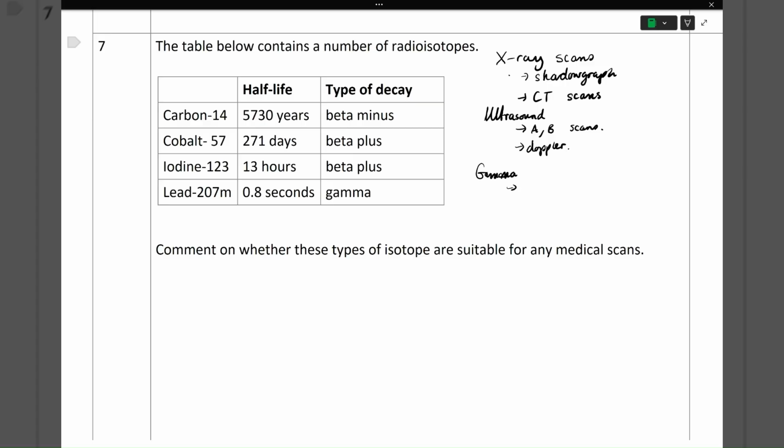We have the simple gamma camera, which produces a two-dimensional image. Or we have SPECT, single photon emission computed tomography, from which we can build our three-dimensional images through scanning from multiple different angles.